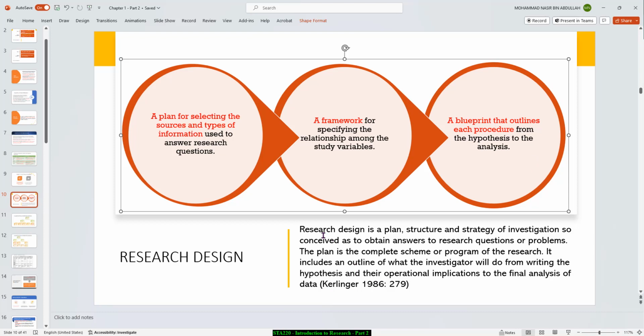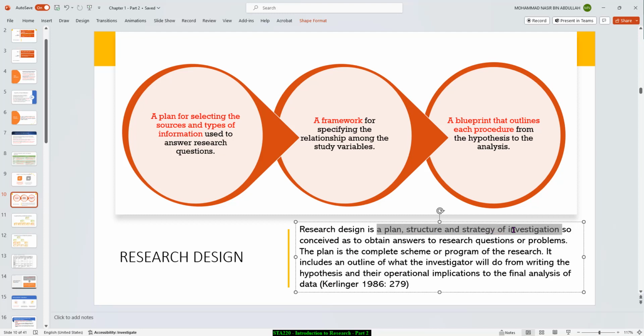According to Kerlinger, research design is a plan, structure and strategy of investigation so conceived as to obtain answers to research questions and problems. Basically, it is a guideline for us to conduct a research. But first, we need to identify the type of research that we want to conduct. We just want to identify the problem, or we have the intention to solve the problem. But in our scope, we will look into basic or fundamental research only, okay? In our project later.